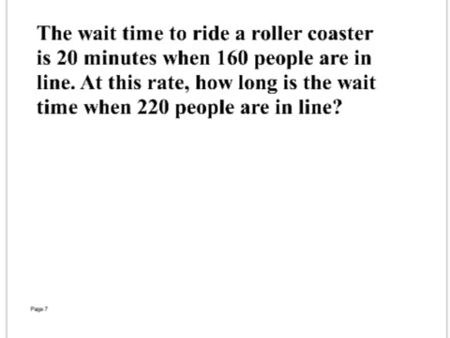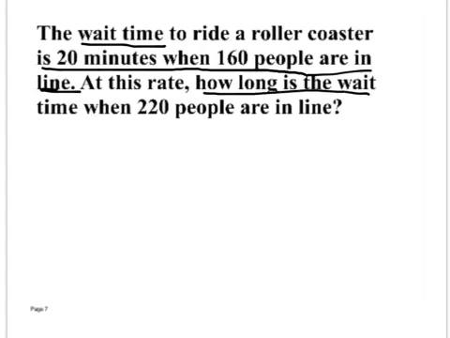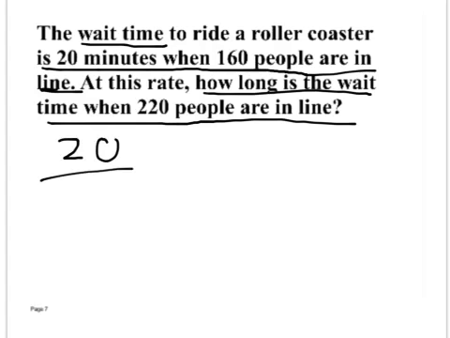Alright, on this, I want you to write: wait time is 20 minutes when 160 people are in line. How long is the wait when 220 people are in line? That's what I want you to write down. So it tells you that the wait time at a roller coaster was 20 minutes when 160 people were in line.